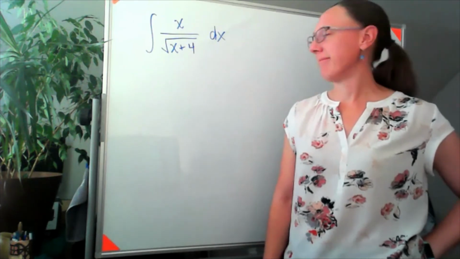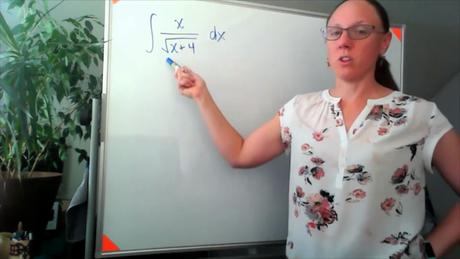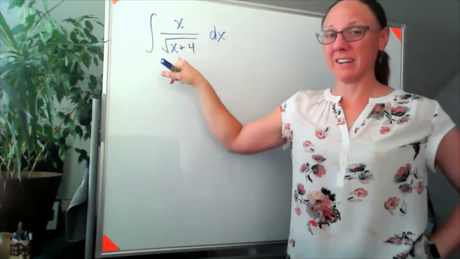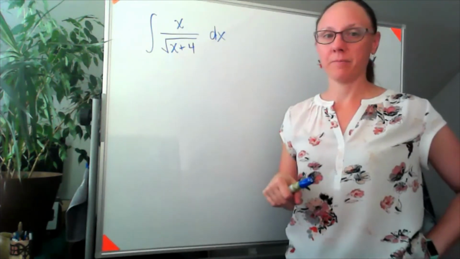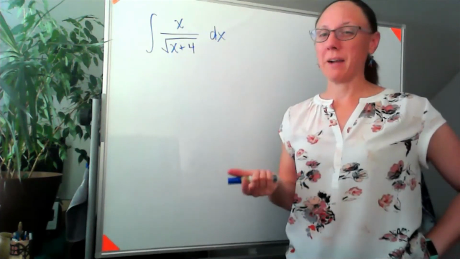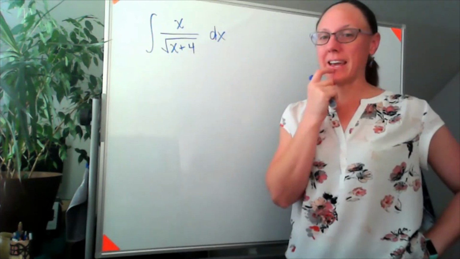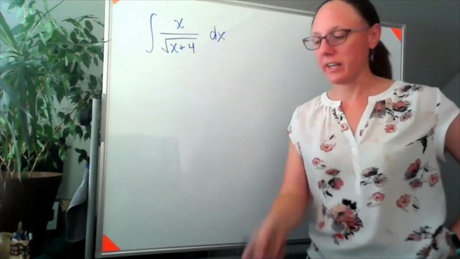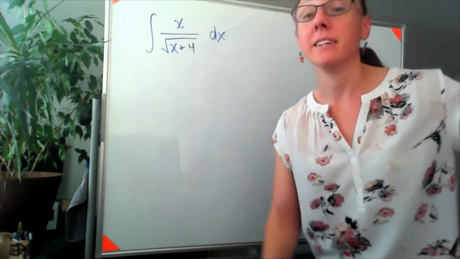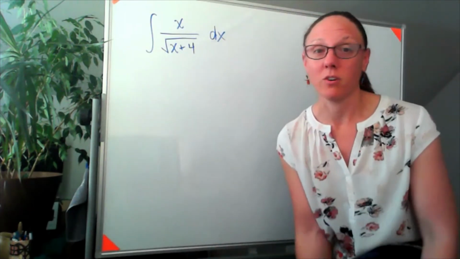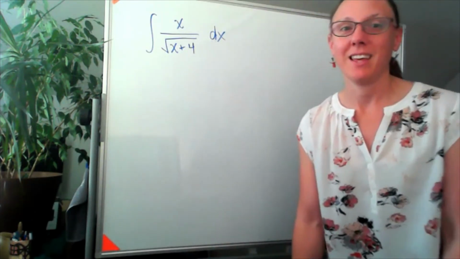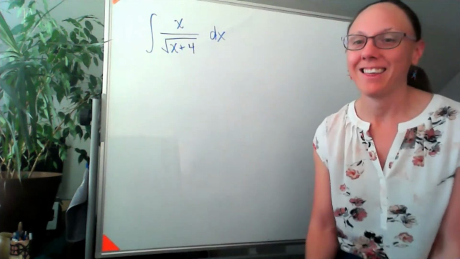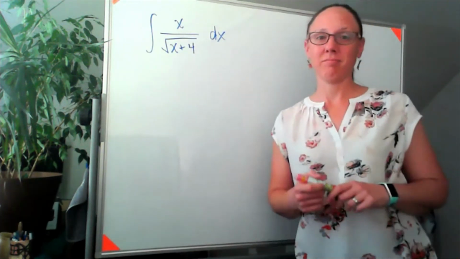Unfortunately, I can't do a whole lot with that square root because I've got addition inside of it. So I'm going to switch gears and say, well, if there's not much I can do with that algebra-wise, does the derivative of one part equal another part of the problem? And the answer is, yeah, kind of.